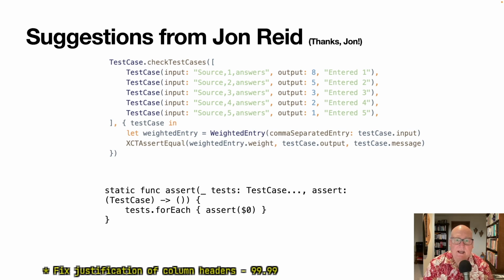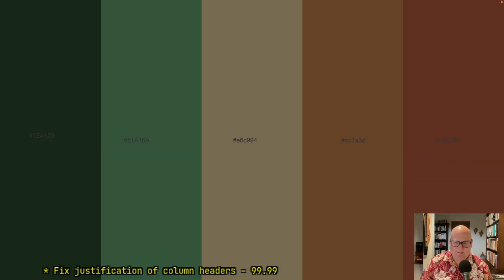Rename things to test case, and provided a static assertion that does the for each, so we can just call that assert on it. And we'll see how to incorporate this stuff or what we want to do. I don't know. I was trying for some sort of very lightweight naming to let it kind of fade away. So I don't know. Test case is a little wordy, but we'll see. And then I picked some color scheme just to get us going.